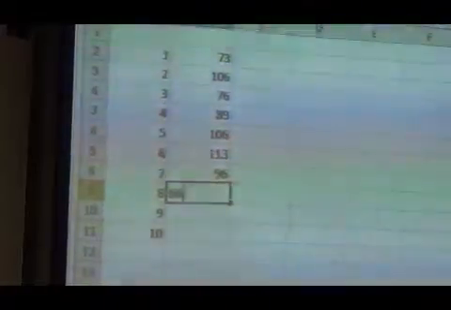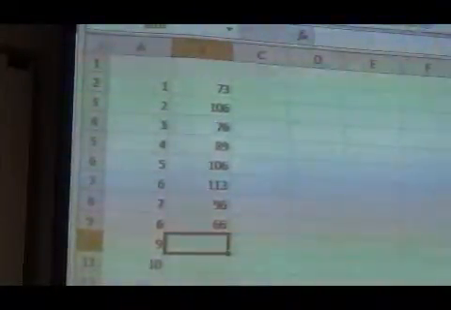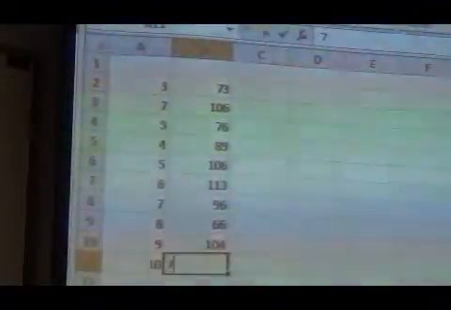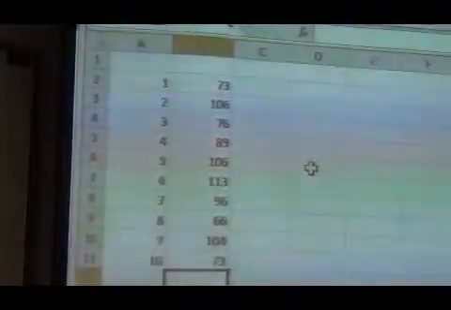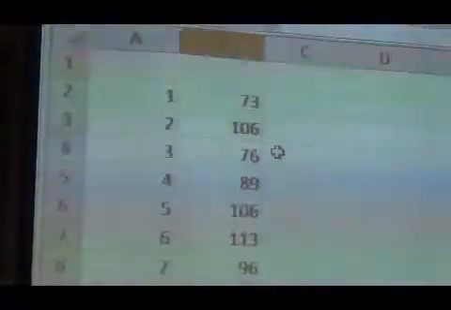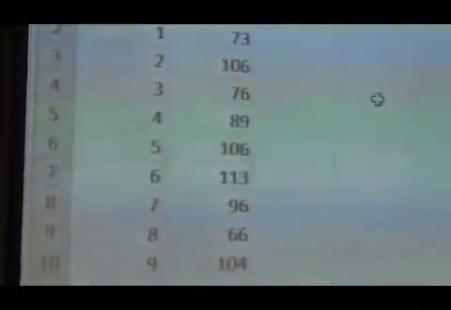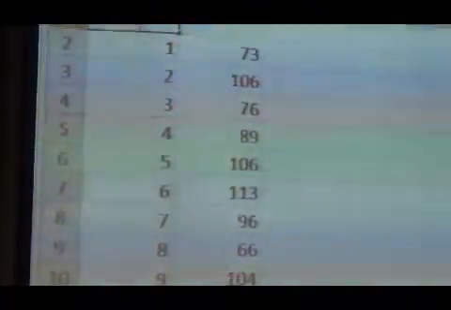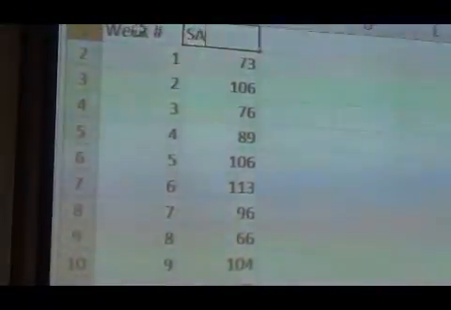So I'm just borrowing these values from the textbook. And that's what they are. Zoom in just a little bit, see those a little better. So let's say this is the week number, and these are the sales amounts.